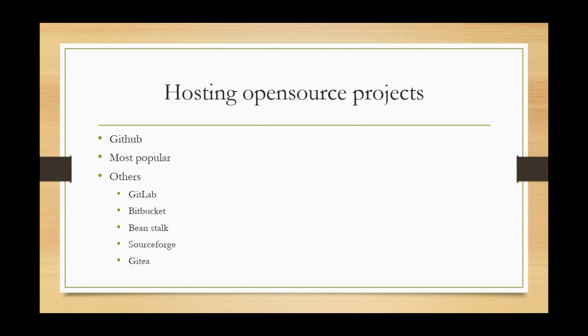You can even revert to a previous version, and you can create another version of the files and the directories. In the coming videos, I will be explaining how you can install Git and how you can do a lot of things using Git.